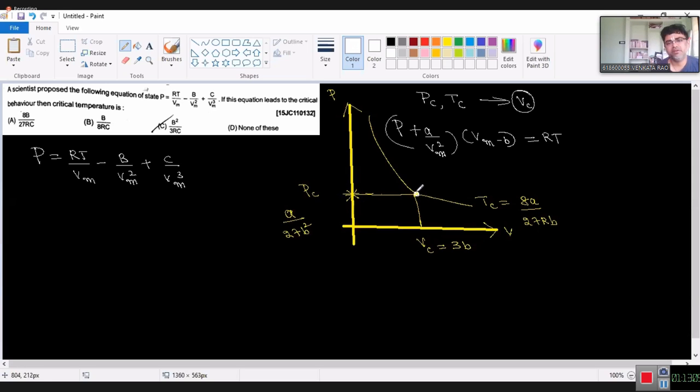Critical behavior, definitely critical point. Can we say at the critical point, dP/dV is equal to 0? That is, the slope is 0. Now apply here also: dP/dVm, with molar volume, is equal to 0 at the critical point.